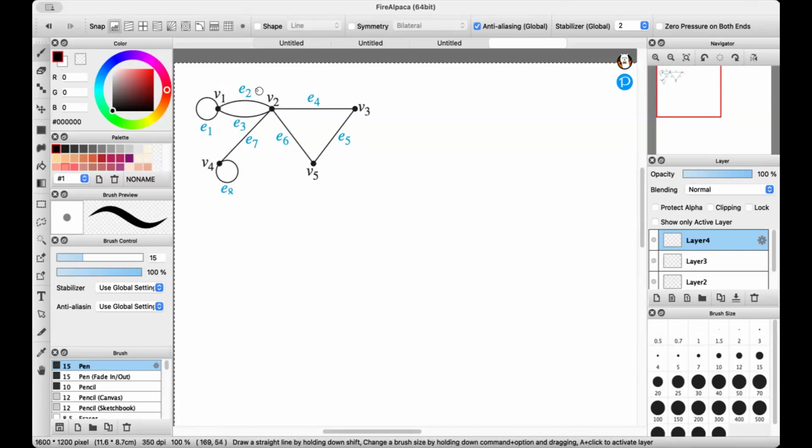How you label it might change how your incidence matrix looks, but you can label it any way you want. For an incidence matrix, your rows have to be your vertices. So since the vertices go from V1 to V5, we'll go from V1 to V5 on the rows.